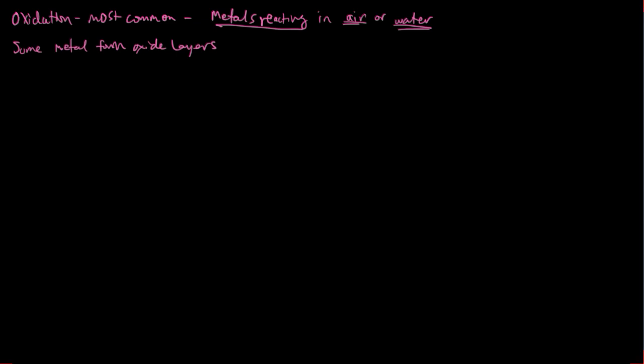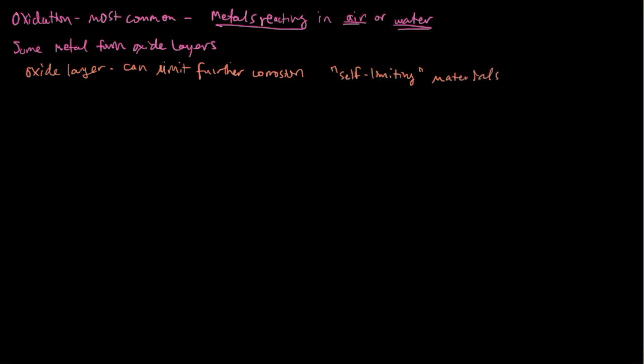When a metal forms an oxide layer, the oxide layer itself can limit further corrosion, and so these are called self-limiting materials.